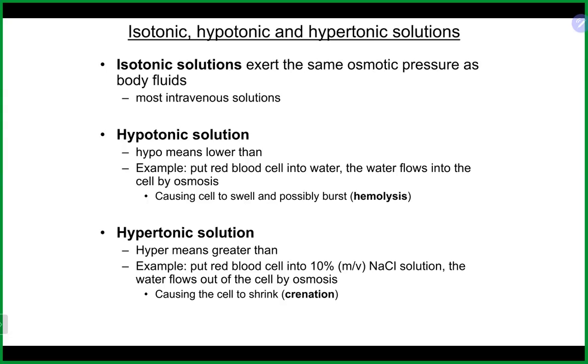That is because if we take the classic example of a red blood cell and put it into an isotonic solution, the pressure outside of the cell and inside of the cell is basically the same. What that allows is nice, even flowing in and flowing out of the cell of solutions or water, if you want to think about it that way.